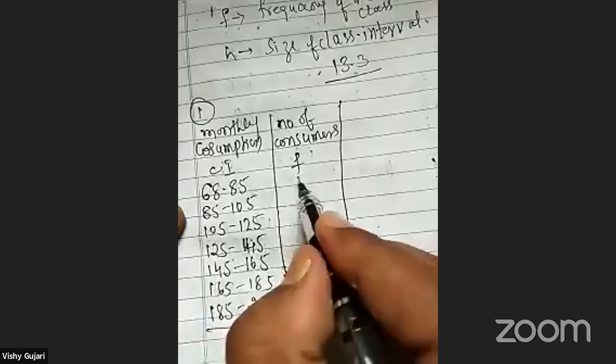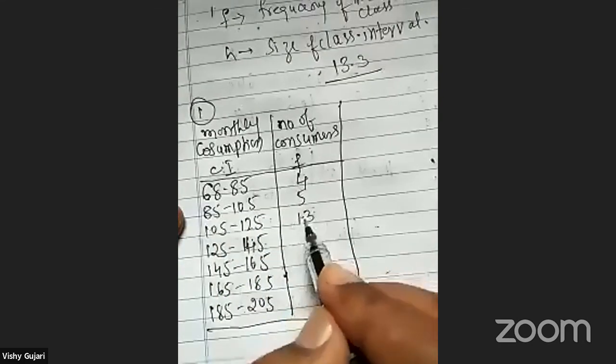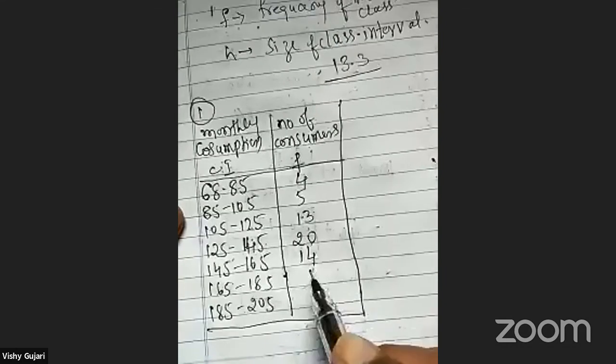The frequencies F are 4, 5, 13, 20, 14, 8, 4.